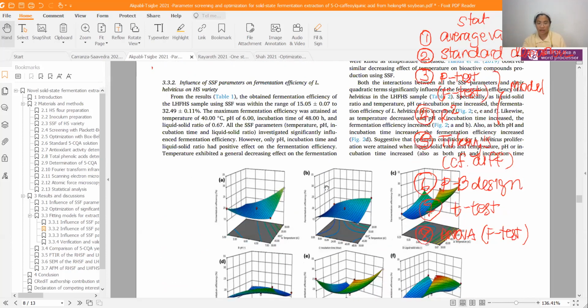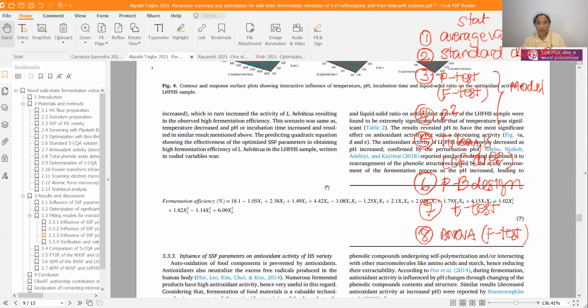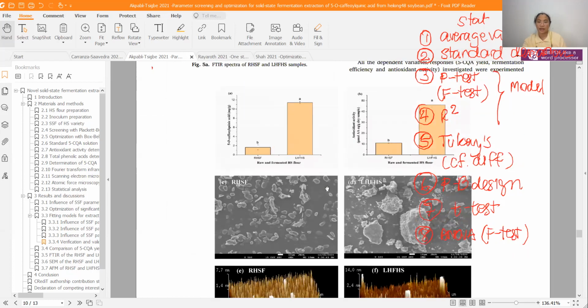Right. And what else is there? Okay, see that? There's another use of statistics: actually it's the average values and also the standard deviation. You see, it's the average because they are doing more than one repeat, and the standard deviation is the little error bars that they have there.